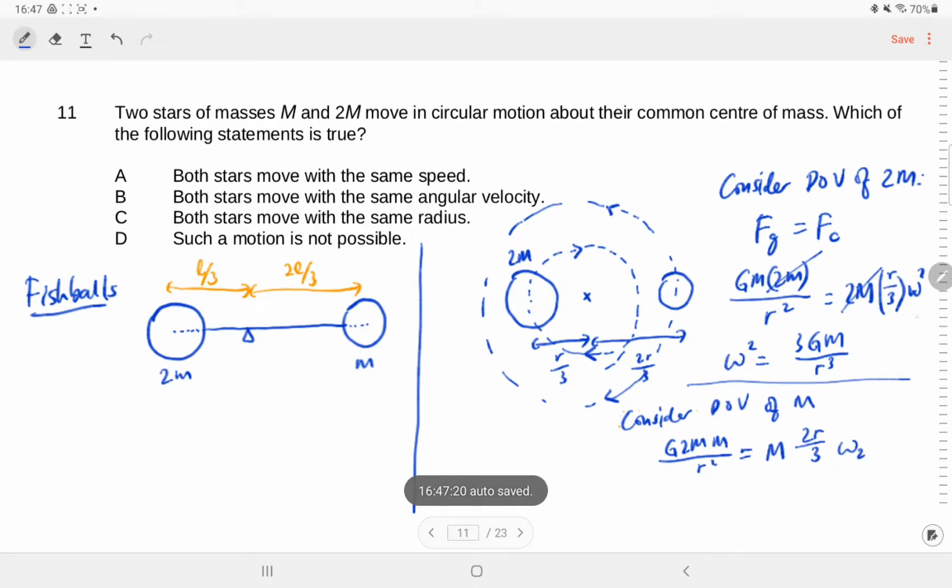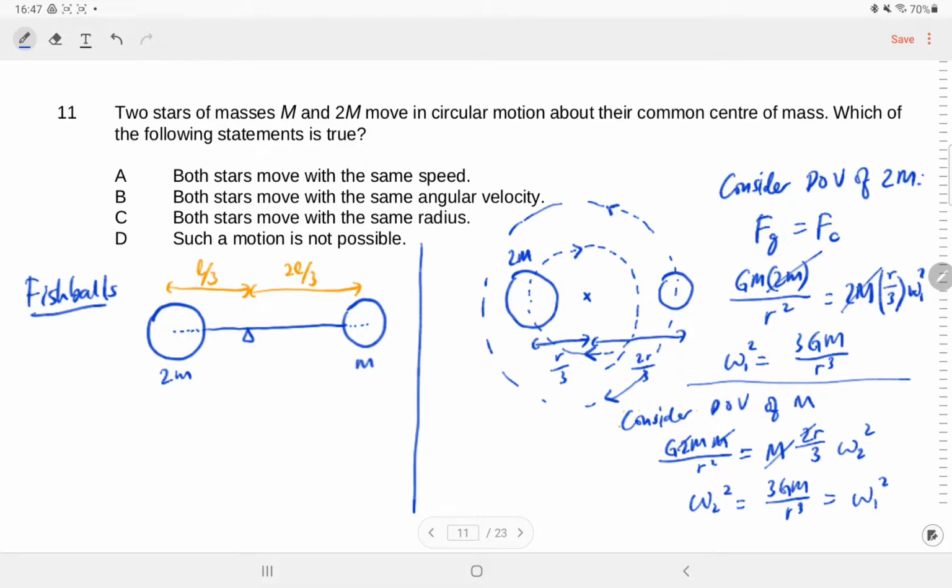Let's call this omega 2 and the other one omega 1, because we are not sure whether the omegas are the same or not. Once again you eliminate all the common terms, and you'll see that omega 2 squared equals 3Gm over r cubed. Turns out this equals omega 1 squared.